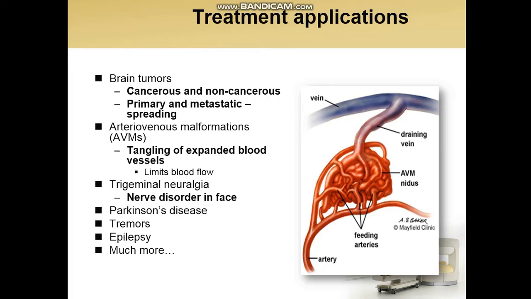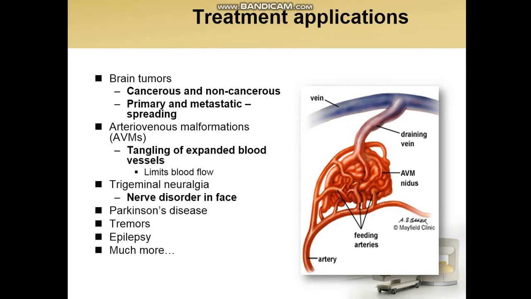Now the applications of stereotactic radiosurgery. In this picture you can see a brain tumor, for example. Stereotactic radiosurgery, such as gamma knife, is often used to treat benign and malignant brain tumors, including meningioma, different types of hemangioblastoma, glioblastoma, and others.